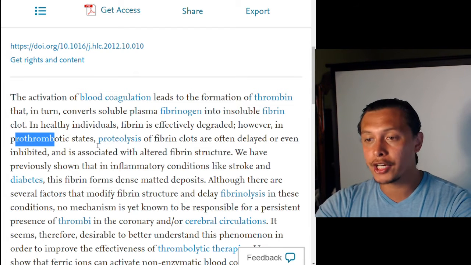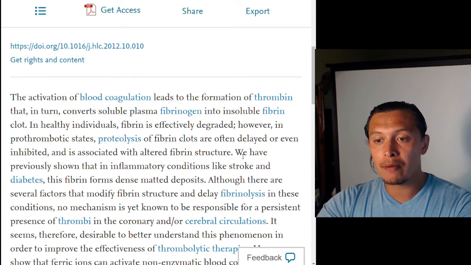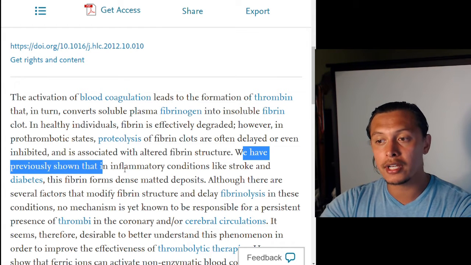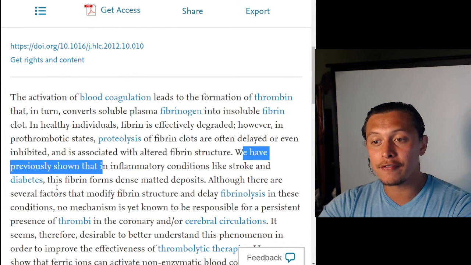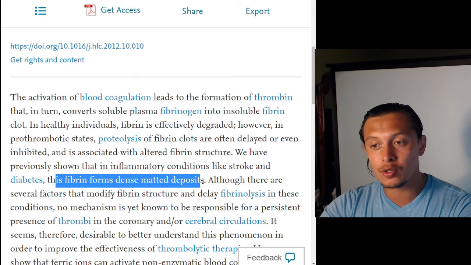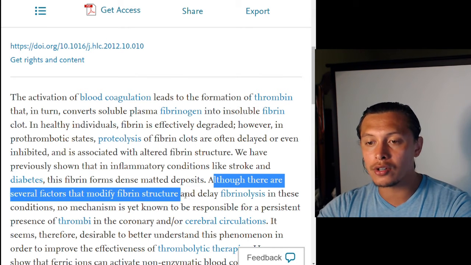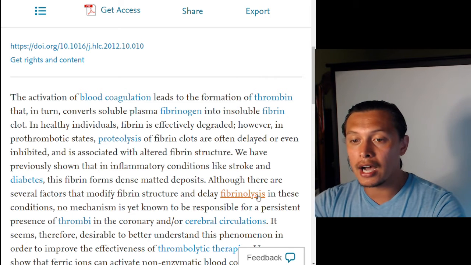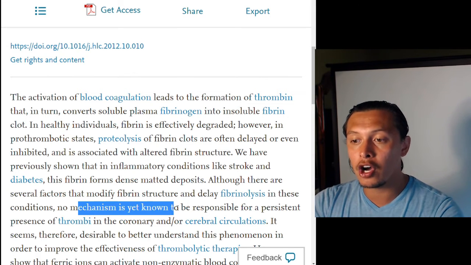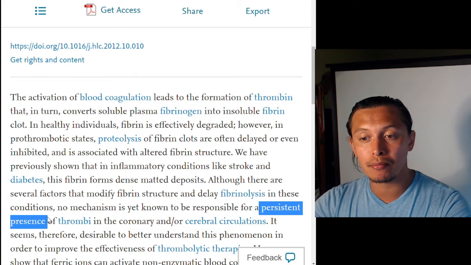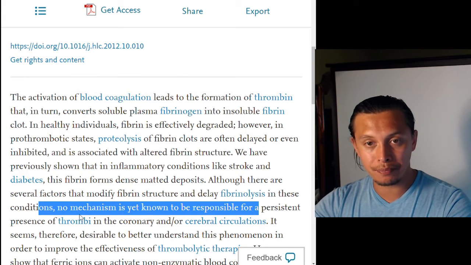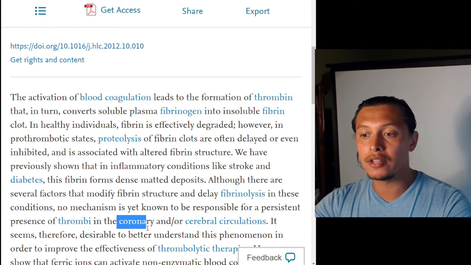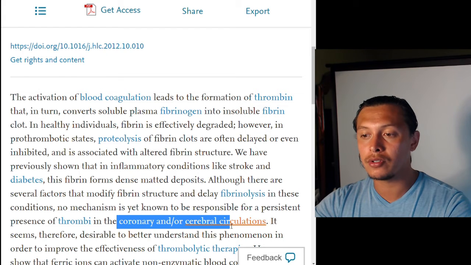And this is associated with altered fibrin structure. We have previously shown that in inflammatory conditions like stroke and diabetes, this fibrin forms dense matted deposits, or DMDs. Although there are several factors that modify fibrin structure and delay fibrinolysis in these conditions, no mechanism is yet known to be responsible for a persistent presence of thrombi or blood clots in the coronary and/or cerebral circulations.